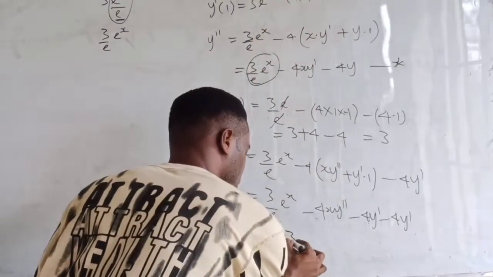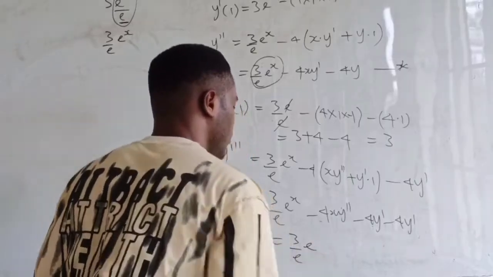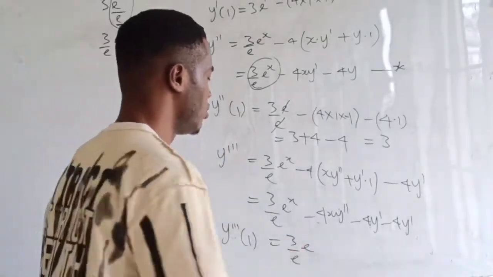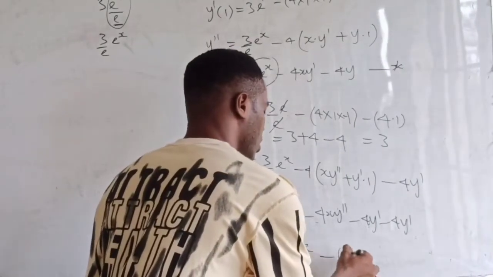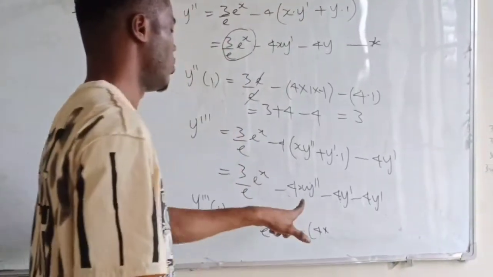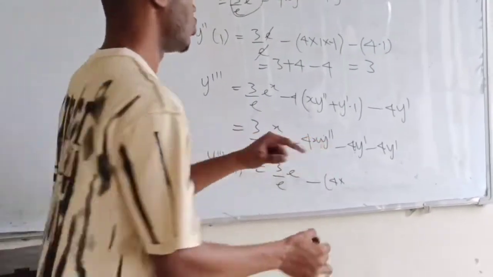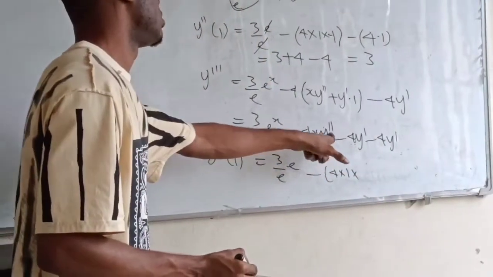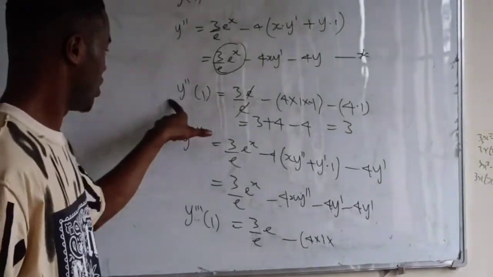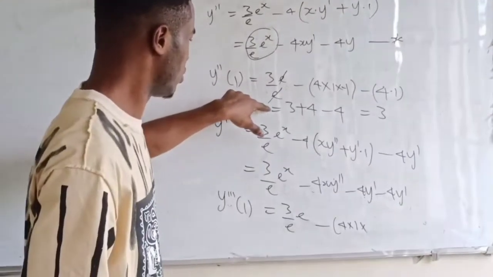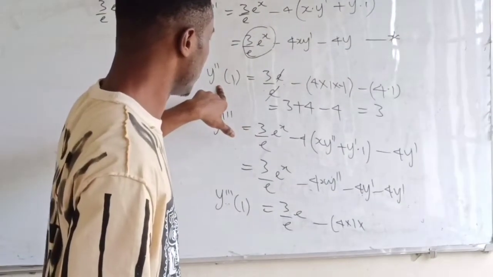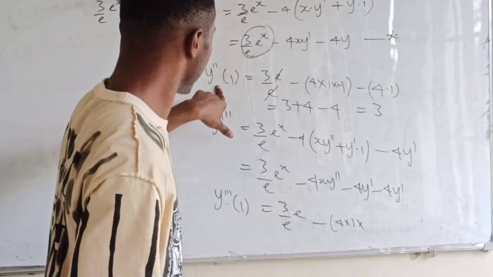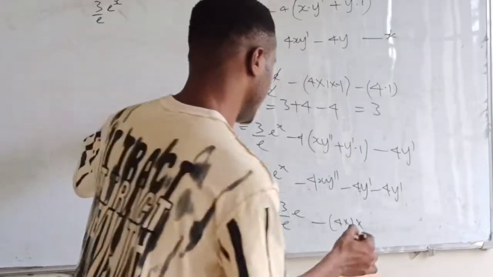So we have 3 over e to the 1 minus 4 times, the value of our x is 1, times the value of our y to the second differential. The value of our y to the second differential is 3.